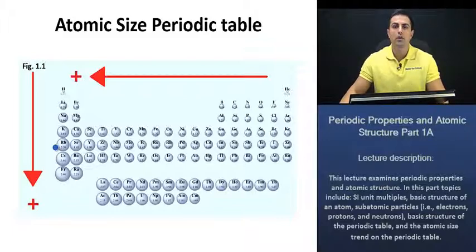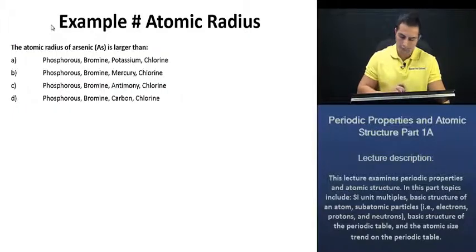Now, don't worry too much about the quantum levels for now. We do cover that in a separate lecture. For now, just know that the increase going down a group is due to electrons being on the next quantum level. Okay, great. Let's move on to our next slide, where we can do an example with regards to the atomic size to enhance our level of comfort with these types of questions.